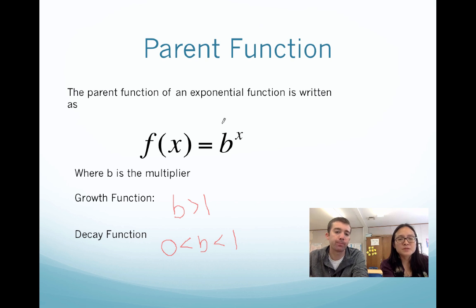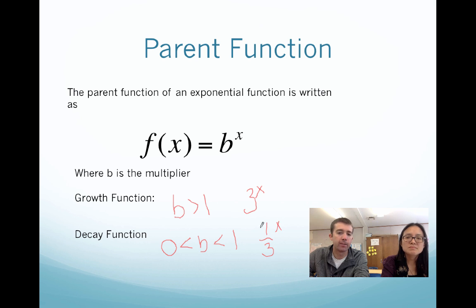For example, for a growth, we could have something that triples or quadruples, so that would be 3 to the x. That's our common ratio, so to speak, in terms of our geometric sequences. And for decay, we make it 1/3 to the x, so each time you're decreasing by 2/3.